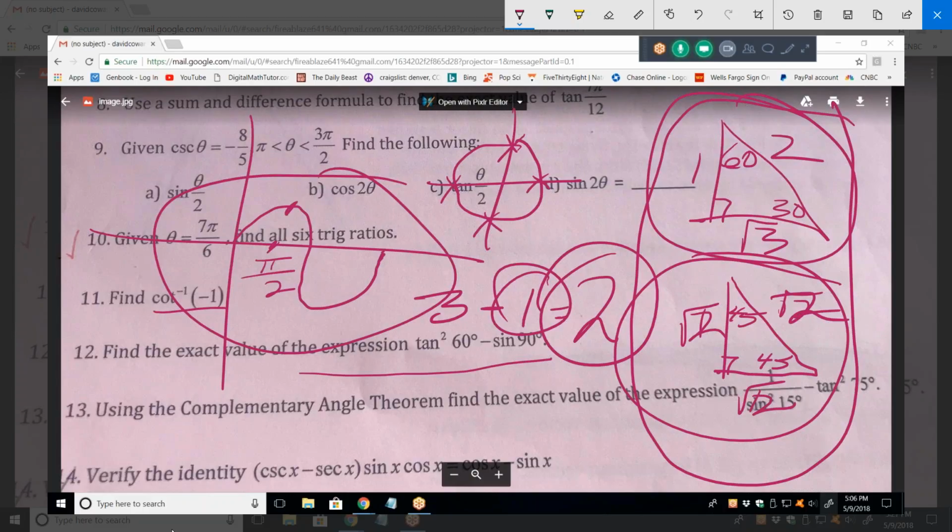Remember your unit circle. If I have a point right there on my unit circle, well, the x-coordinate is the cosine of theta. The y-coordinate is the sine of theta. That's kind of what I do. And then for sine of 90 degrees, looking for 90 degrees, the coordinates on that point are 0, 1.